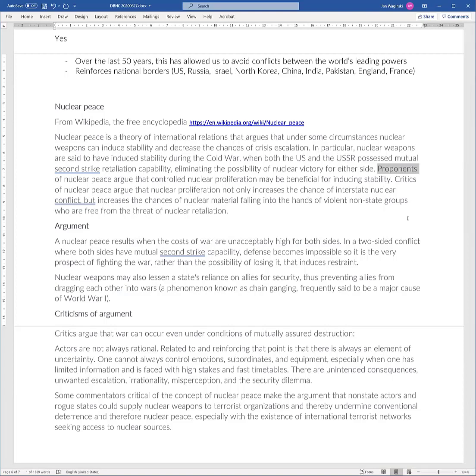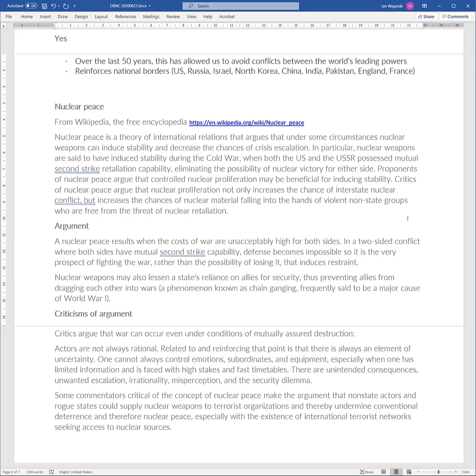Critics of nuclear peace argue that nuclear proliferation not only increases the chance of interstate nuclear conflict, but increases the chances of nuclear material falling into the hands of violent, non-state groups who are free from the threat of nuclear retaliation.